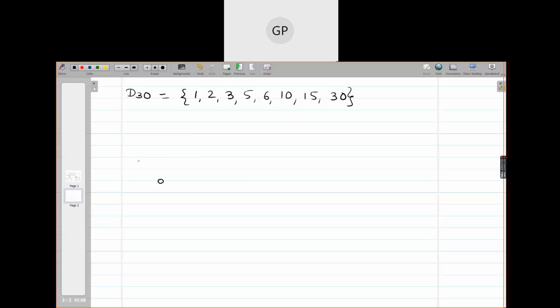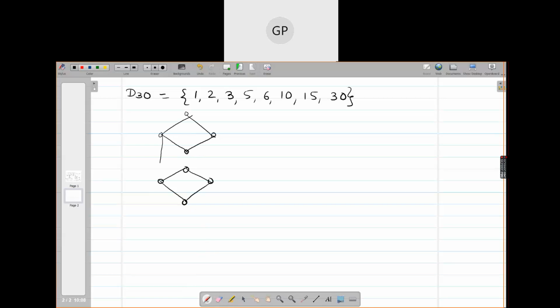See, if you remember, this was our Hasse diagram. No, something wrong I did. I want to draw a cube.